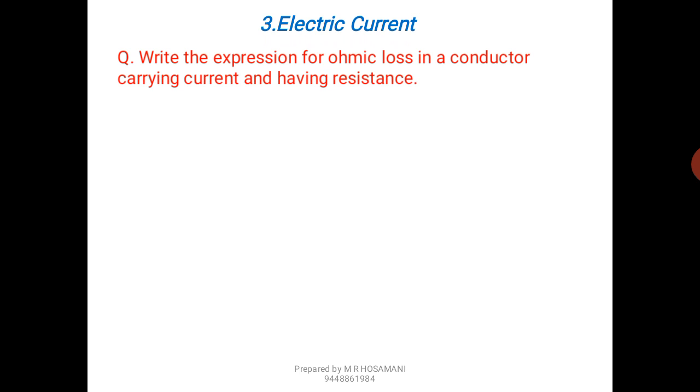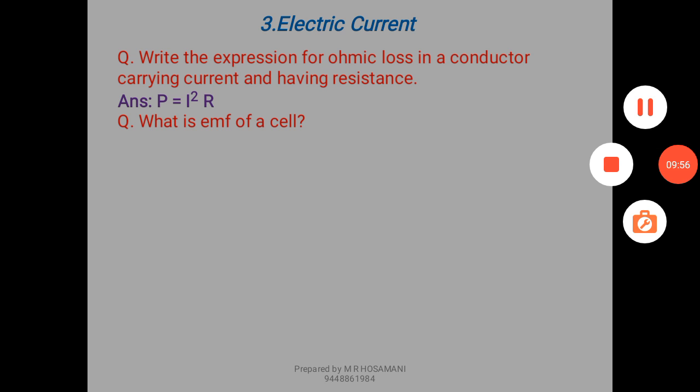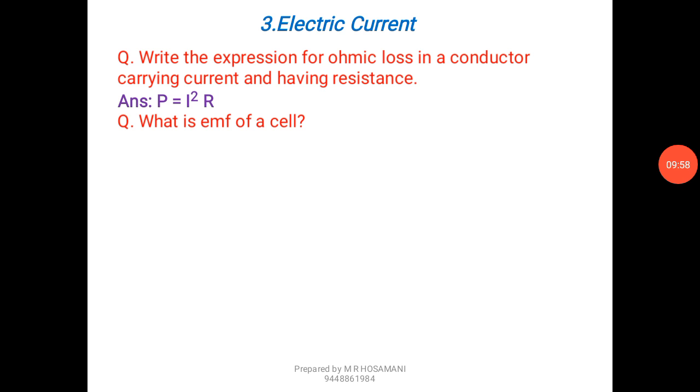So the next question is, write the expression for ohmic loss in a conductor carrying current and having resistance. The ohmic loss is I square into R, that is power. Then the question is, what is EMF of a cell?